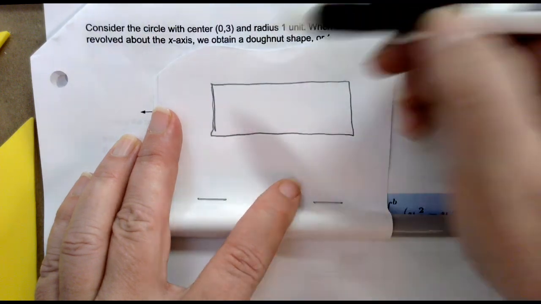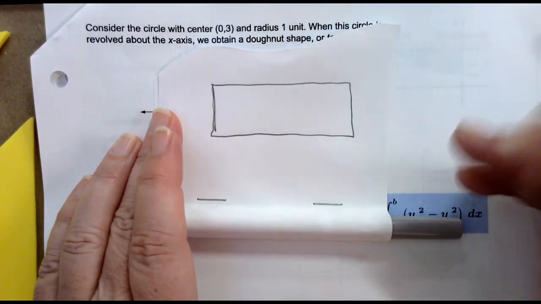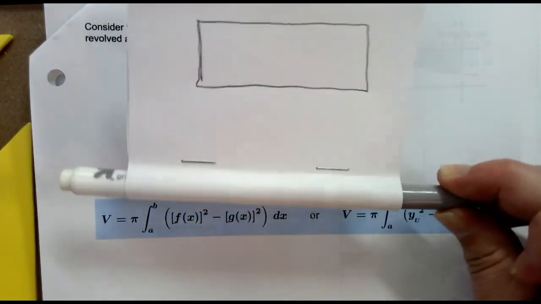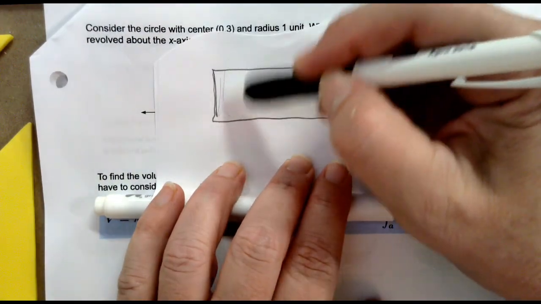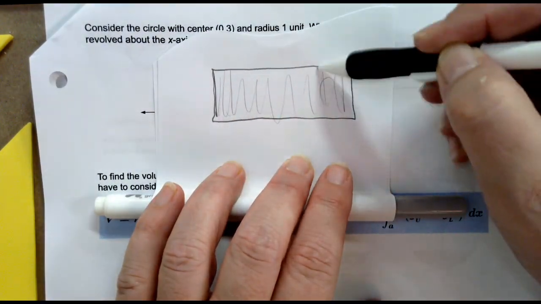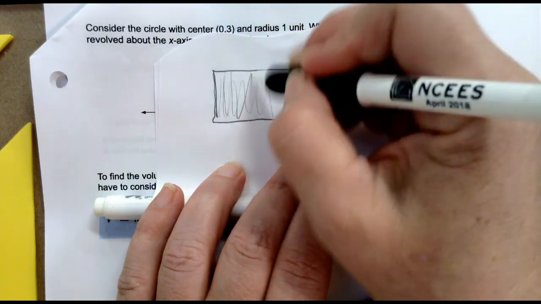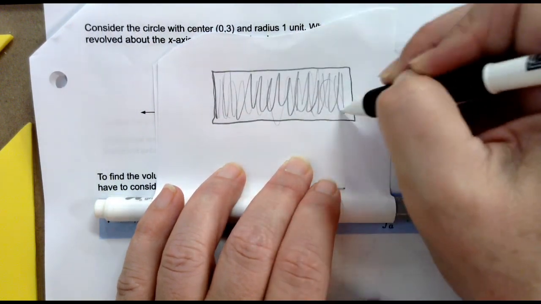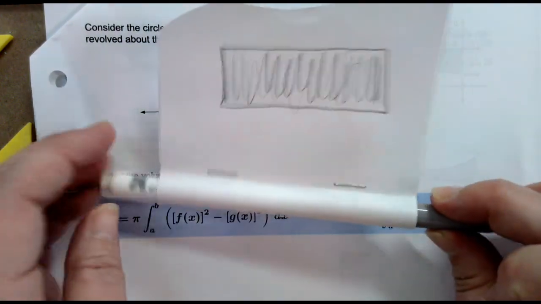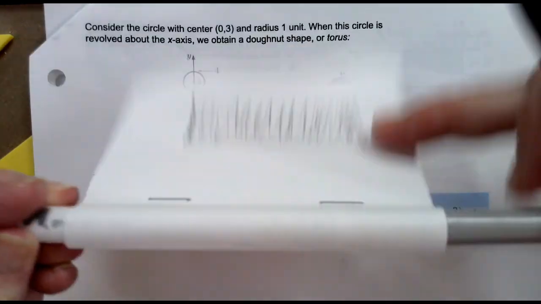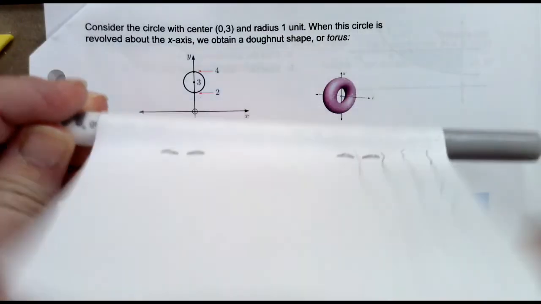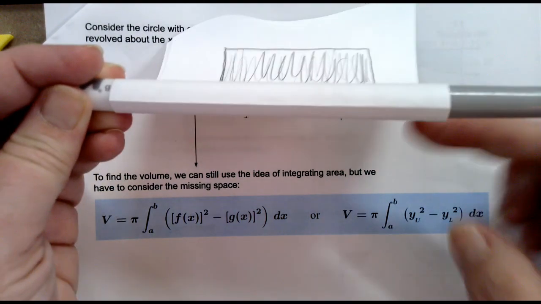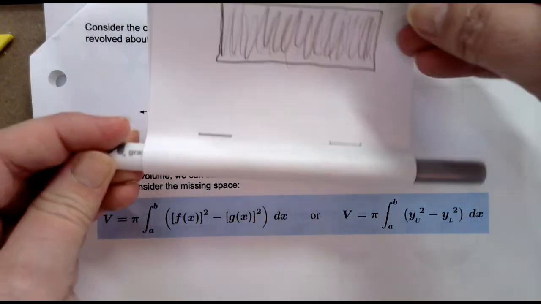I can find the area of this with regards to the x-axis, right? Now, think of this rectangle rotated, like this, around the x-axis. I know I can't really zoom out anymore without messing up my camera.